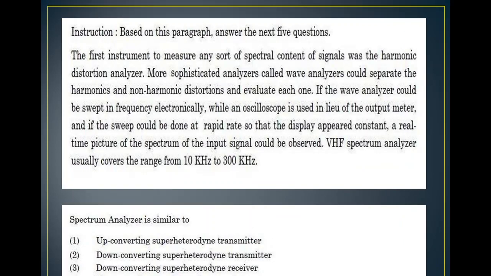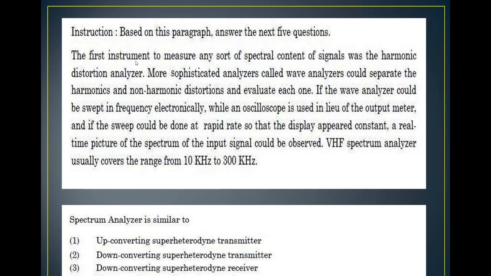Next, once again read the paragraph, then give the next 5 answers. So, the first instrument to measure any sort of spectral content of signals was the harmonic distortion analyzer. More sophisticated analyzers called wave analyzers could separate the harmonic and non-harmonic distortion and evaluate each one.